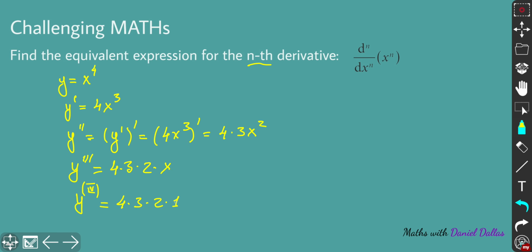So what we notice is that if we differentiate 4 times, it means that if we had x to the power 4, the number of times should correspond to the power of x, and we'll get 4 times 3 times 2 times 1.